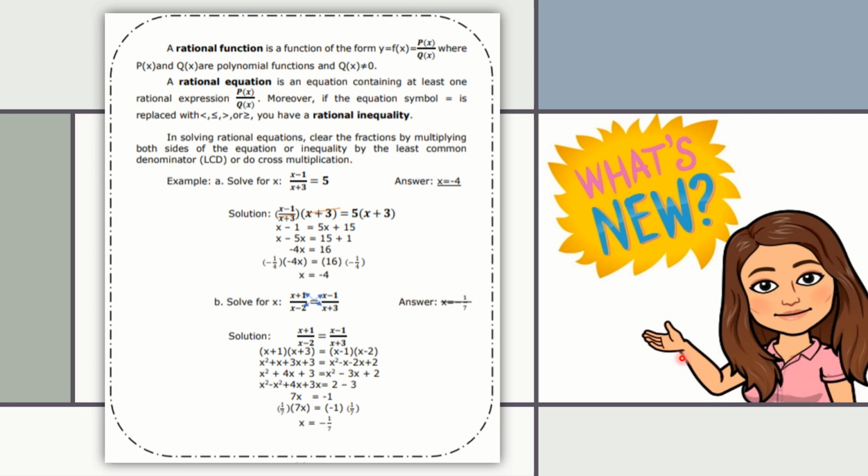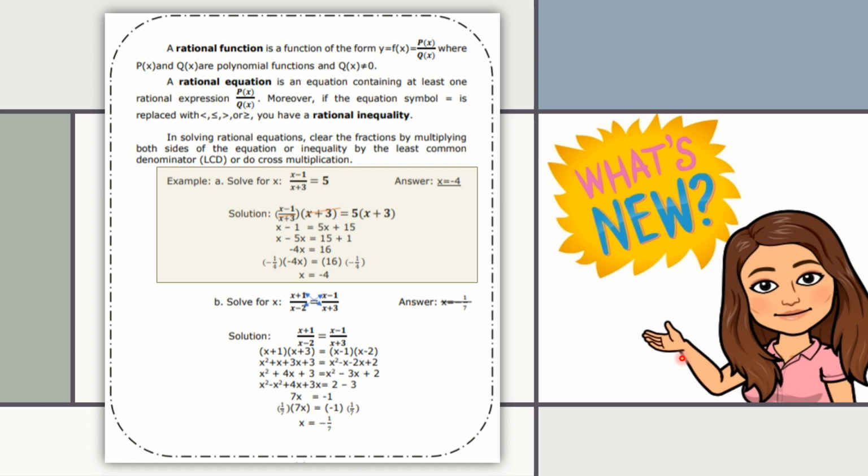In solving rational equations, we can clear the fractions by multiplying both sides of the equation by the least common denominator, or LCD, or we do cross multiplication. For example A, solve for x in (x minus 1) over (x plus 3) equals 5.